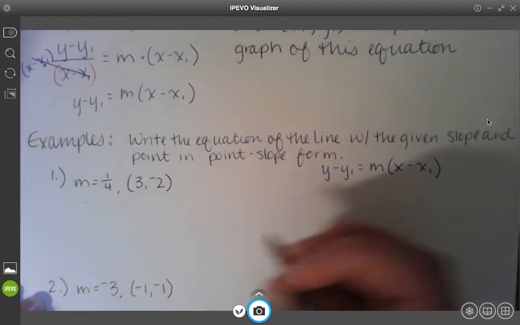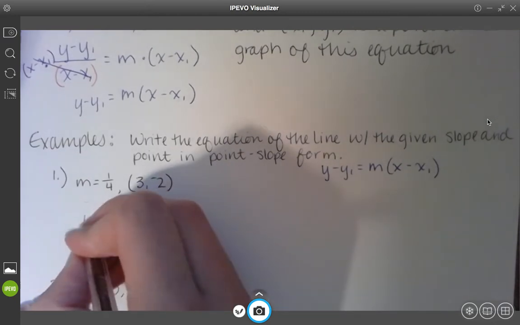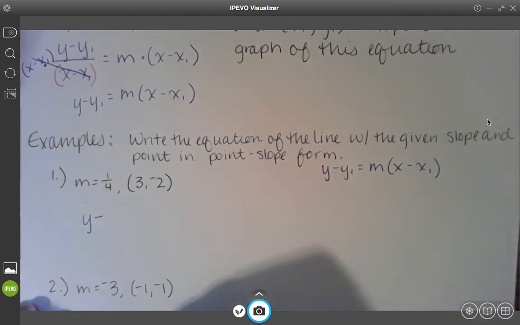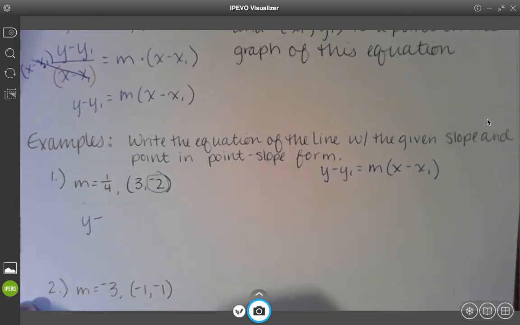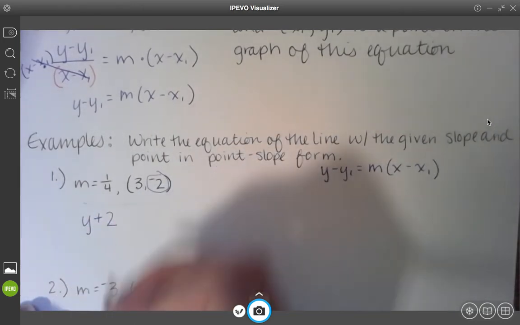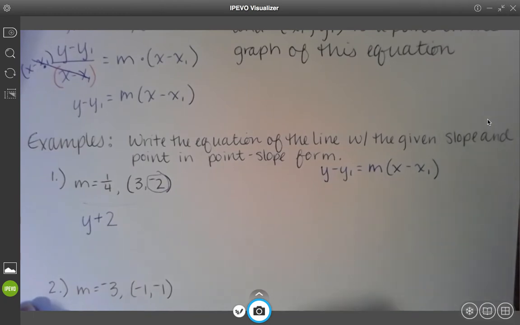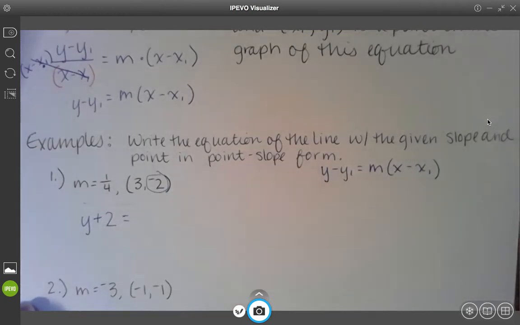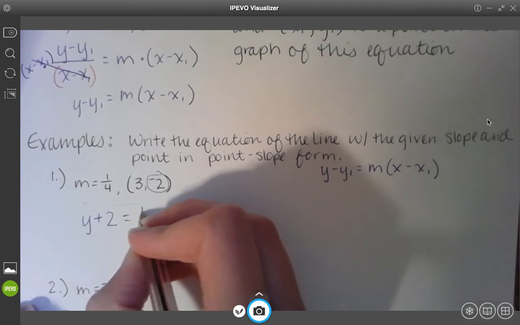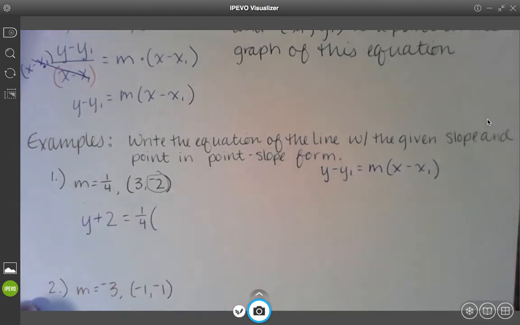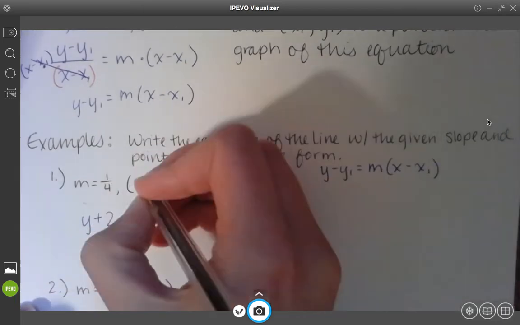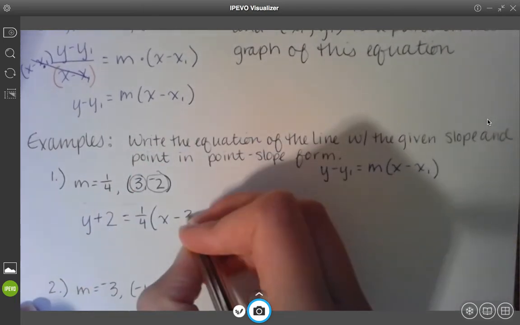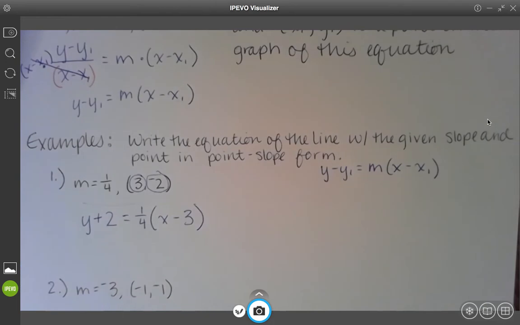To write this in point slope form, I am going to do y minus my y value, which is the y value of my point. So y minus negative 2 is the same as y plus 2, equals m, my slope is 1/4, times x minus my x value, which is 3. And that is the equation in point slope form.